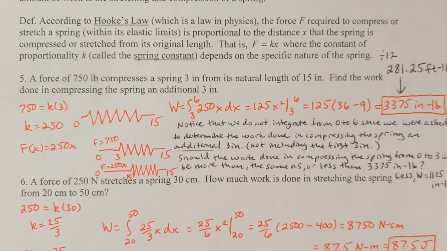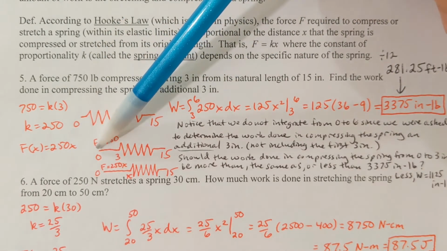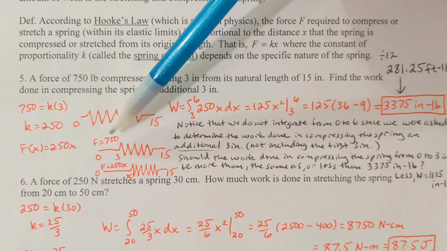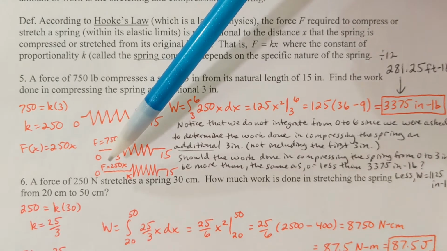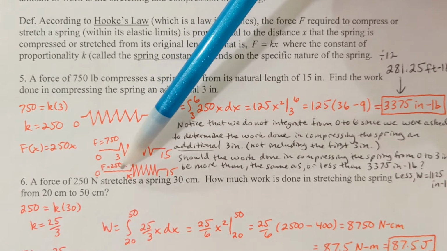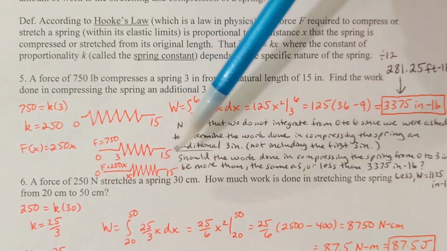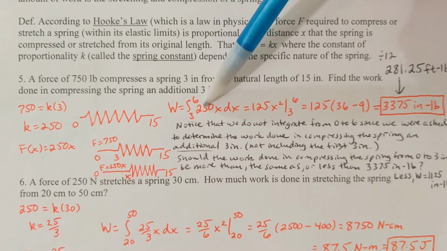And that would be the spring constant for this problem. So if x is 3, you compress the spring 3 inches, 750 pounds would be required. If you compress it x inches, 250 times x pounds would be required. So I'm going to want f of x going inside my integral.